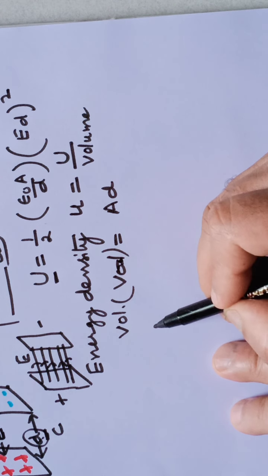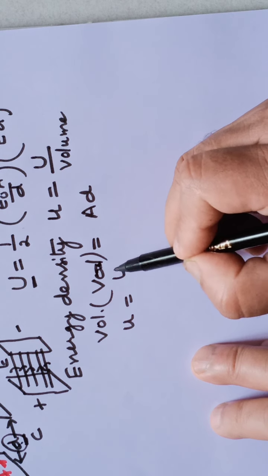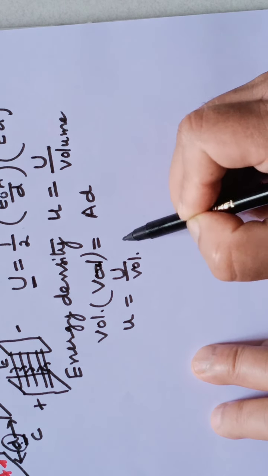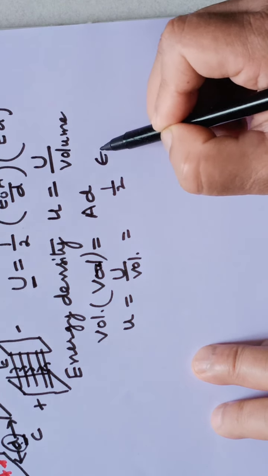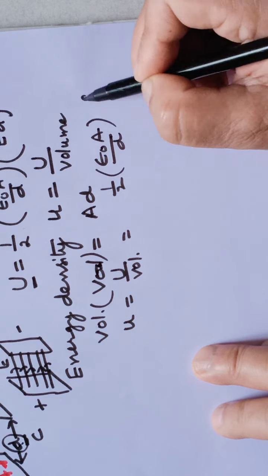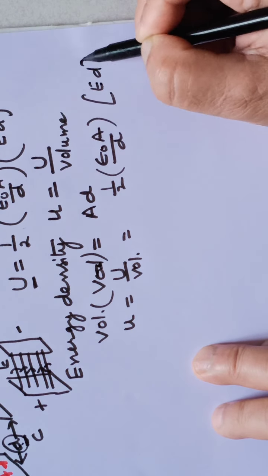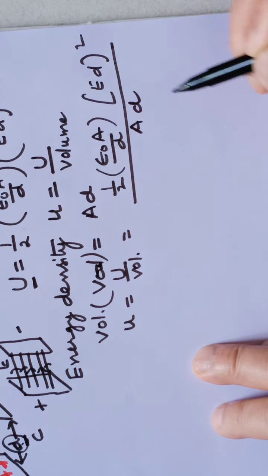So therefore small u, energy density, comes out to be capital U upon volume. Capital U is half epsilon naught A upon small d into E into d whole square upon A into d.